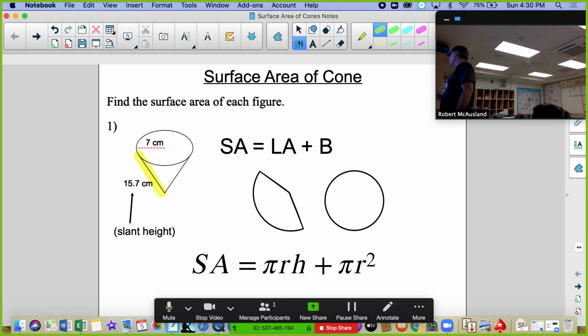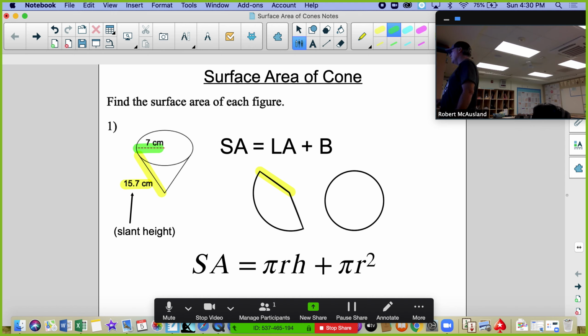So this slant height is going to be 15.7, and that distance goes from the top down to the base, and then we have the radius.